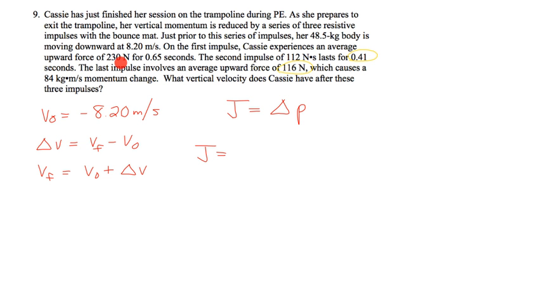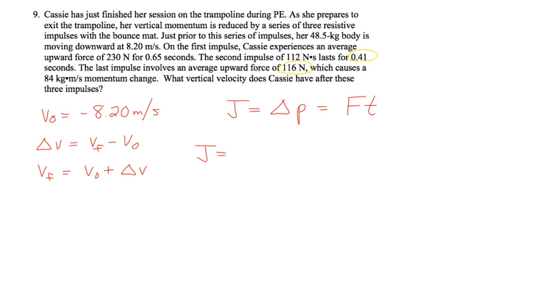So that's the force of impact, that's the time of impact. To get the total impulse from that, I just multiply those 2 numbers together. Because remember, J equals Ft. So if I know the force and the time, or if I know the mass and the change in velocity, either way I have an impulse.